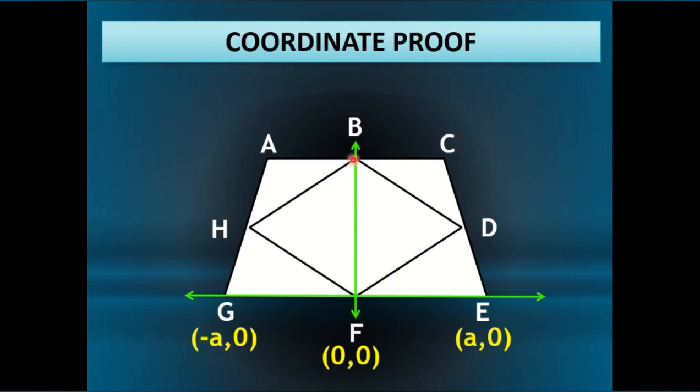This one will become c. Since we form here a vertical line, what is common between point B and point F will be the x coordinate. So that is why we have 0, c.